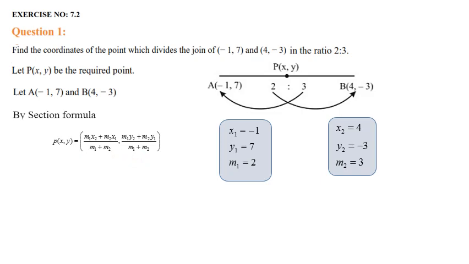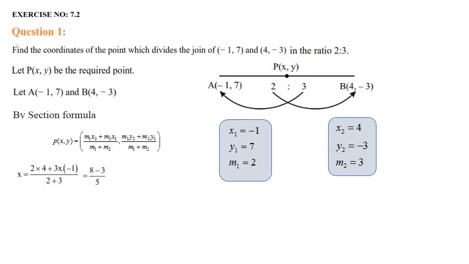Let's directly substitute it, that is x is equal to, the x coordinate is the first value. So m1 x2, m1 is 2 into x2 is 4, plus m2 x1, m2 is 3, into x1 is -1, divided by m1 plus m2, that is 2 plus 3, substituted.